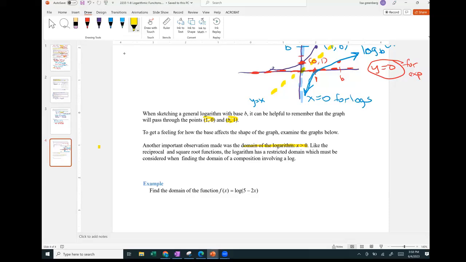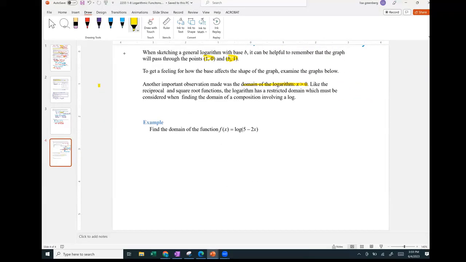Okay? So first here, let's find the domain of this function. It's not asking for anything else. All it says is, let's find the domain. Well, we know that we can only find the domain if the argument, what's between the parentheses, is valid.